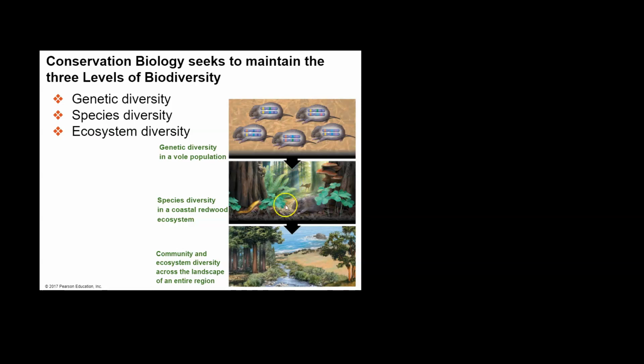We can have species diversity in a coastal redwood ecosystem here, or community and ecosystem diversity across the landscape of an entire region. So an example of this, the extinction of a population, for example, would reduce the genetic diversity required for microevolution within a species.